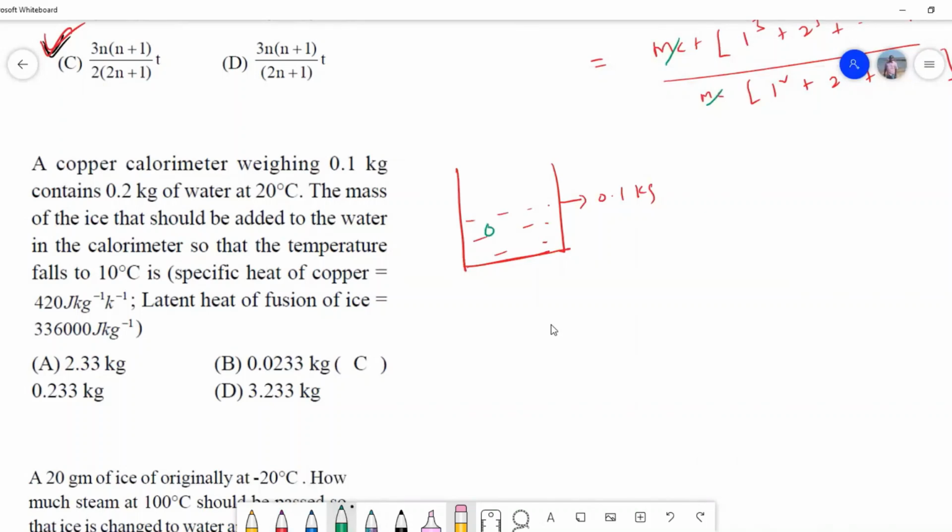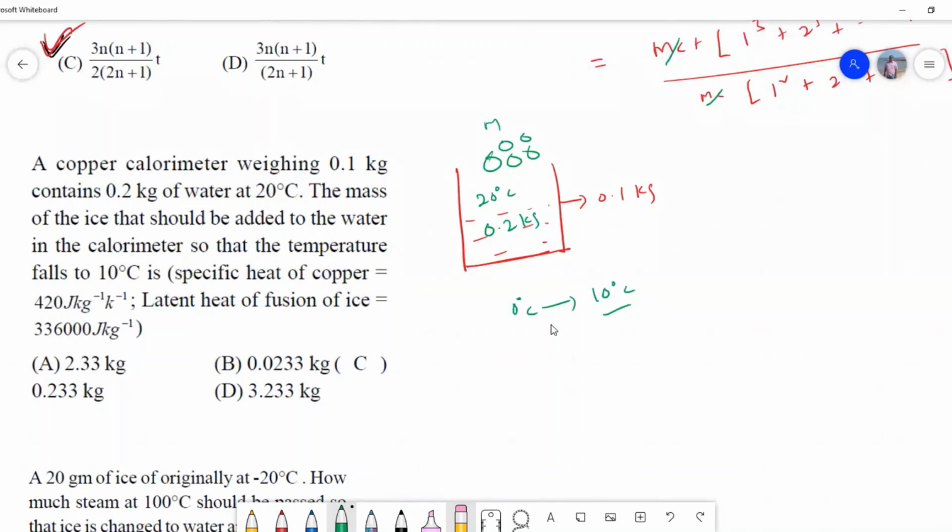So there is 0.2 kg of water at 20. The mass of ice that should be added, so now we need to add ice. Let us take m grams of ice in the calorimeter so that the temperature falls to 10. Ice means 0, so the temperature has to change from 0 to 10 degrees centigrade.